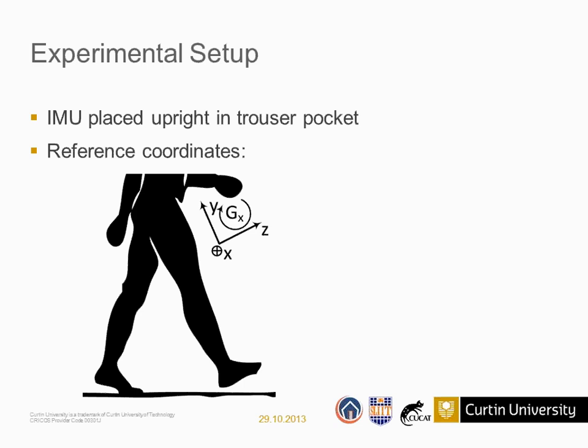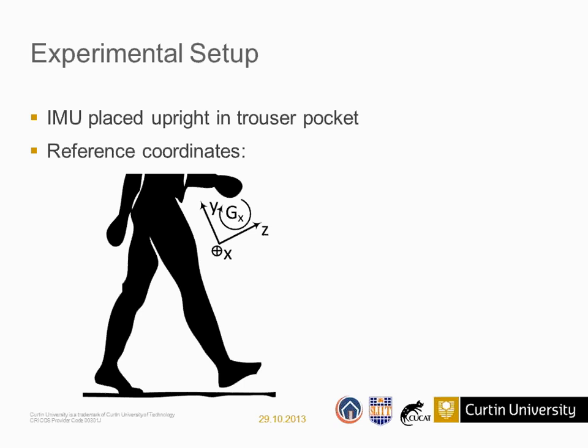The experimental setup: a single 9-axis IMU, which has a triple-axis accelerometer, a triple-axis gyroscope, and a triple-axis magnetometer, was placed in the pocket freely, but in an upright position, so that we know it's oriented in such a way that its y-axis is aligned with the vertical direction of the leg, the x-axis is perpendicular to the side, and the z-axis faces perpendicular outward.